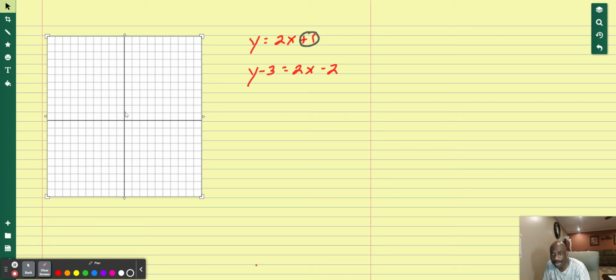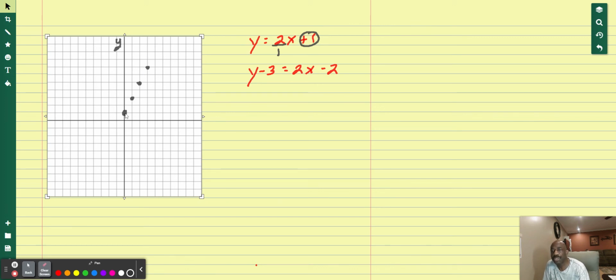The plus 1 will be right here. That's where positive 1 is on the y-axis. So let's follow the slope. That's a positive number, so I'm going upward at the rate of up 2 over 1. So I'm going to go up 2 over 1, up 2 over 1, up 2 over 1.